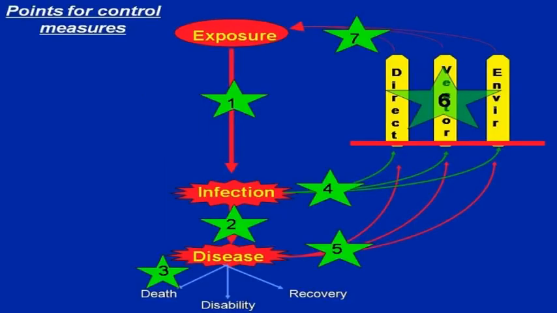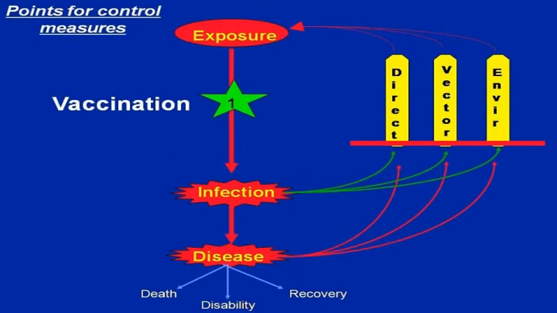How do you think of disease prevention? Field epidemiologists think about where we should cut. So there is a way of thinking in epidemiology. There are several pathways that the pathogen could affect the host: direct pathway, or through the vector, or through the environment.